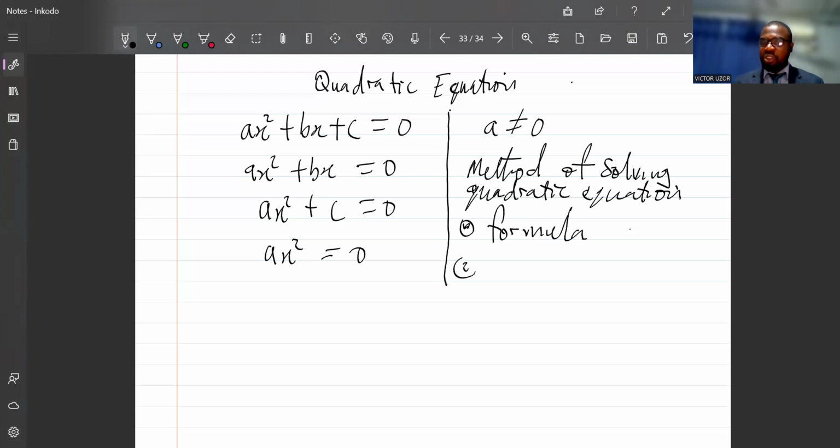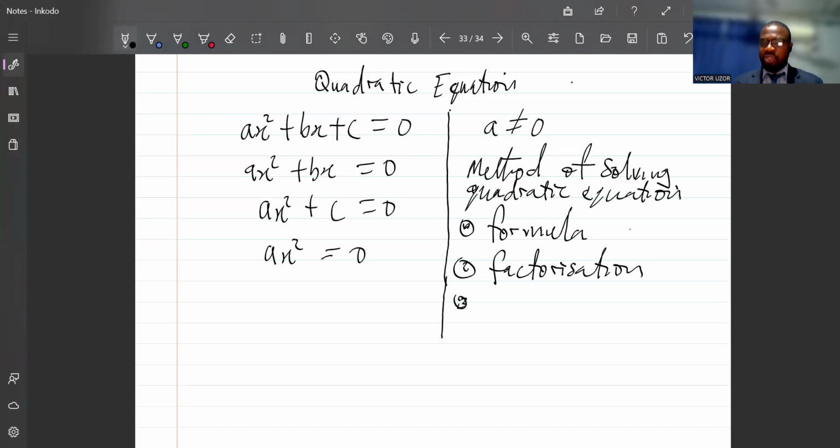The second one is the factorization method, where you use factorization to solve the quadratic equation. When I say solving a quadratic equation, I mean finding the value of x. I forgot to tell you, in this equation, a, b, and c are numbers, where x is the unknown we are looking for. So, like I said, the first method is the formula method, then the factorization method.